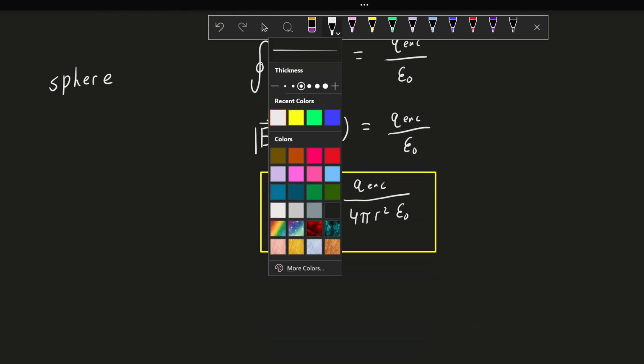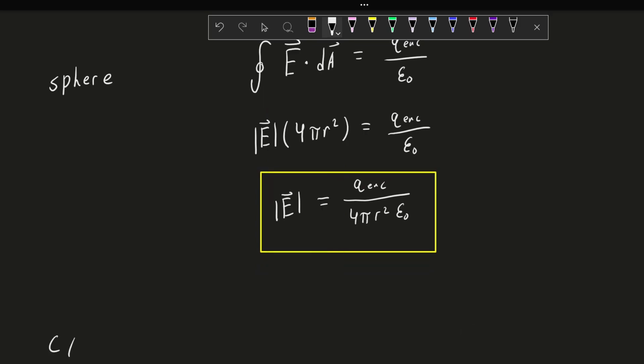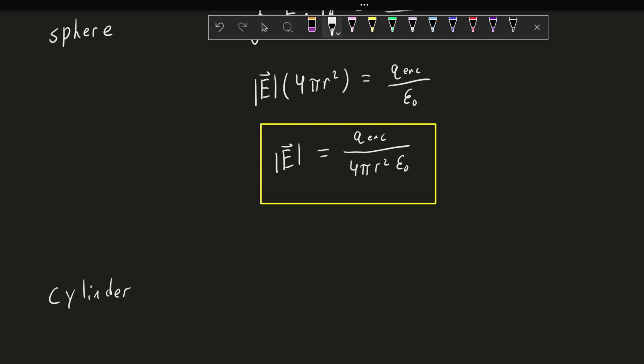Now, the other case we have is a cylinder. So really it's the same exact thing. Surface integral of E dotted with dA equals Q_enc over epsilon naught.